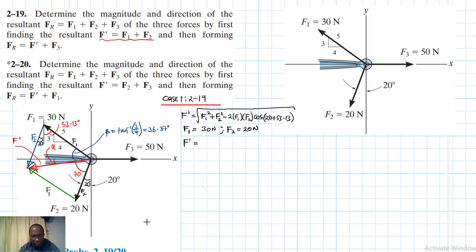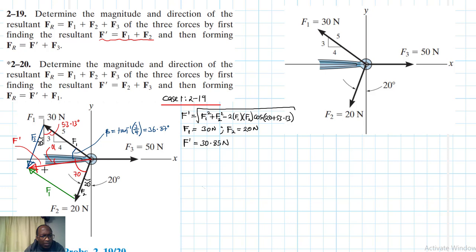So 20 squared plus 30 squared minus 2 by 20 by 30 by cos of 20 plus 53.13, and the square root of that. This gives us 30.85 newtons. Right.